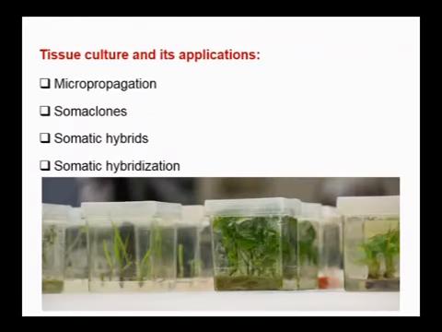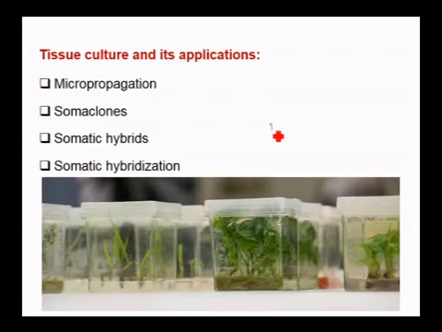Tissue culture is another non-conventional method of producing crops. Tissue culture is growing plants or crops under in vitro conditions. Hence, in vitro propagation of plants is called tissue culture.